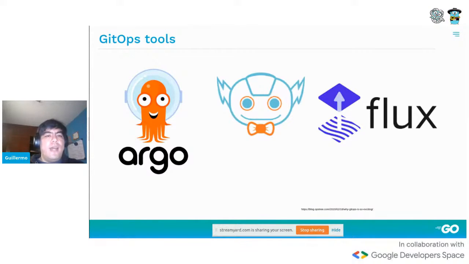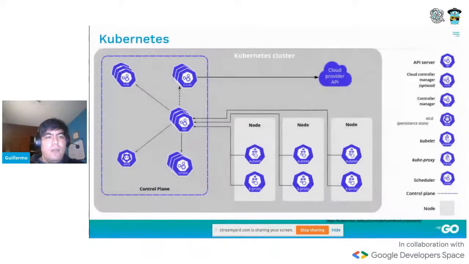Now it's time to see how we can start to build an application that interacts with Kubernetes using Go. But first things first: what these tools have in common is that they all communicate with Kubernetes. How is that possible?